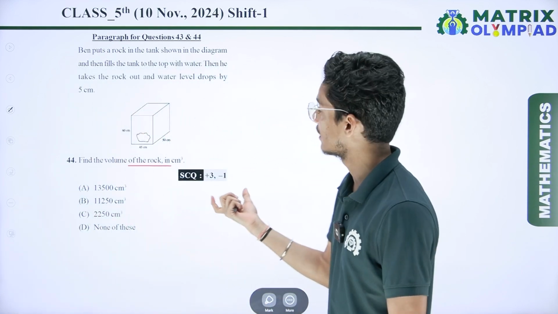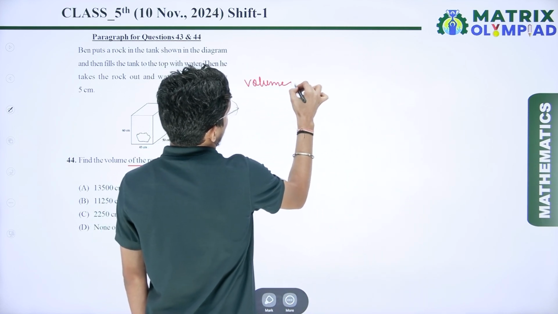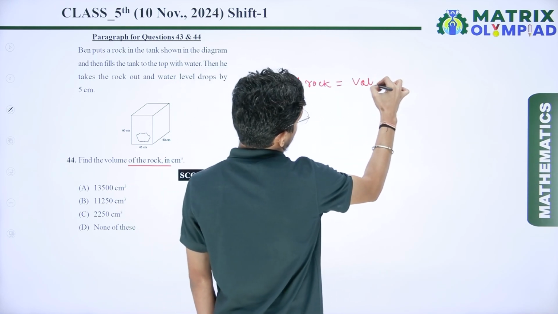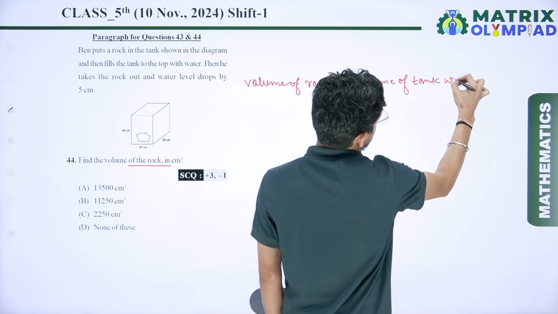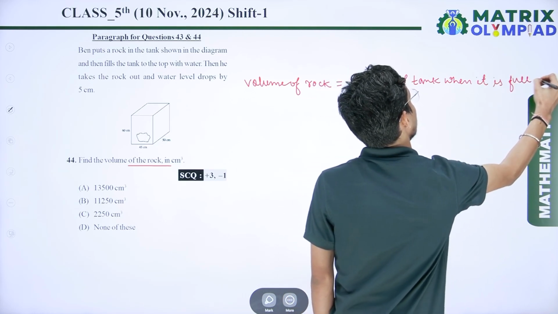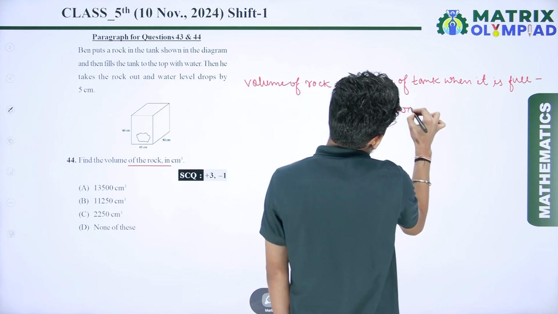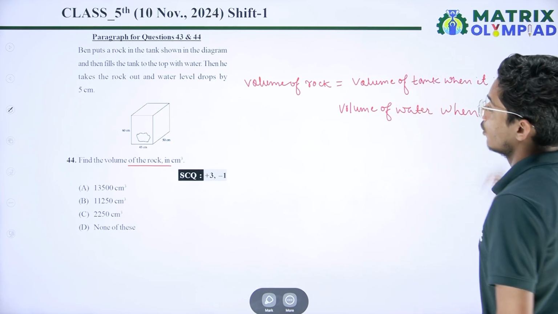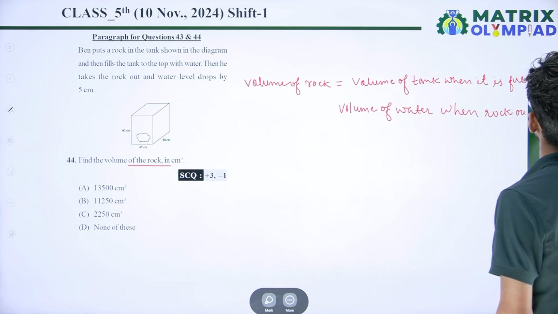So we know the volume of rock is equal to the volume of tank when it is full minus the volume of water when the rock is taken out.